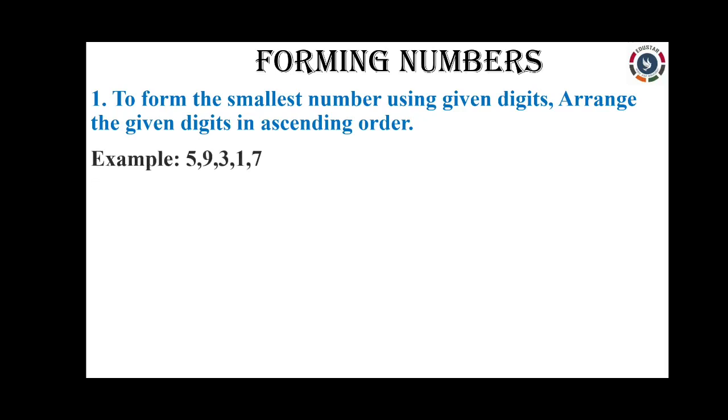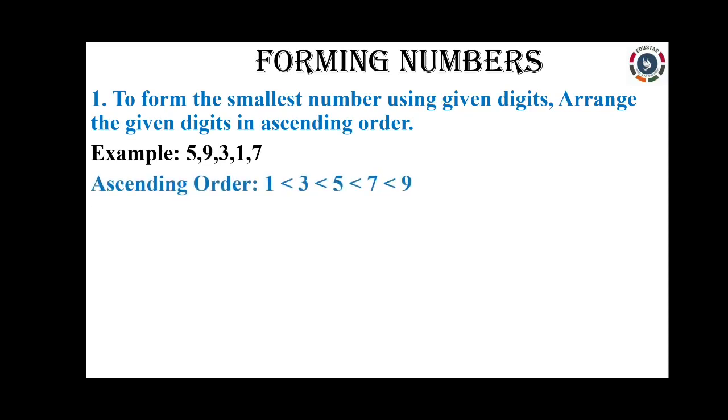Look at this example. Here 5 digits are given: 5, 9, 3, 1, 7. Arrange these 5 digits in ascending order. 1 less than 3 less than 5 less than 7 less than 9.